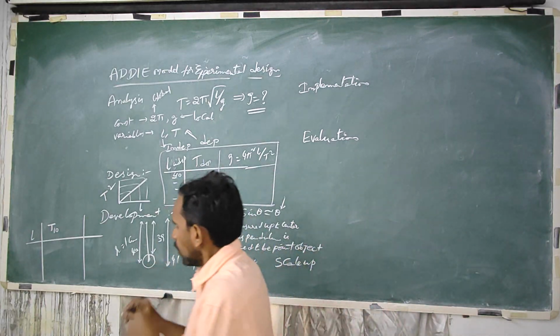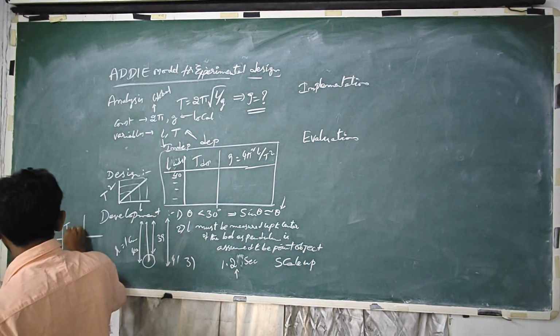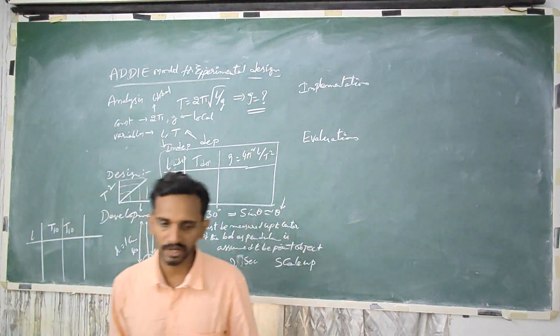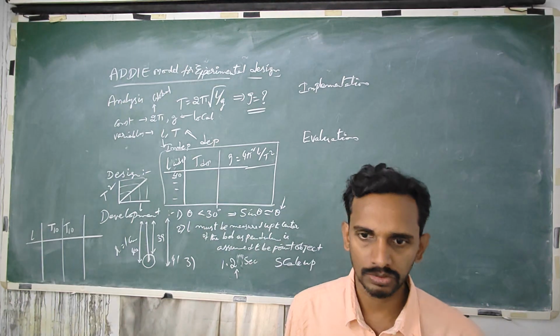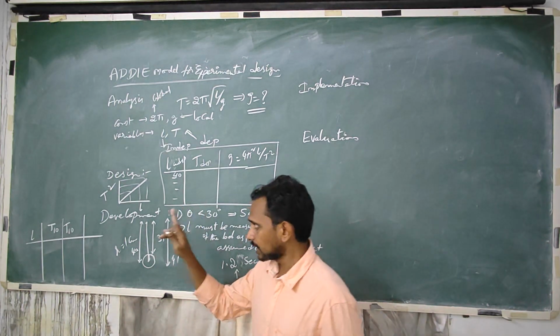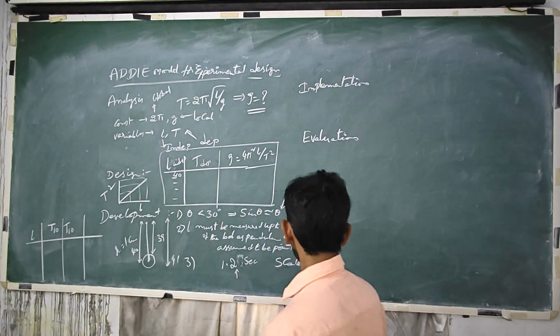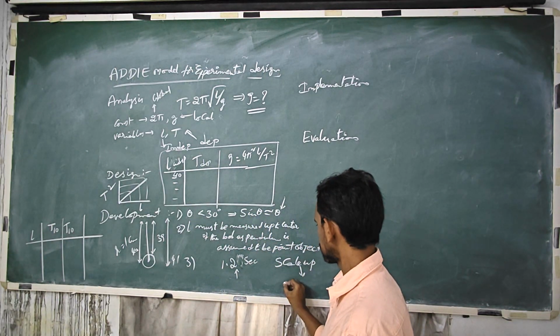So I'm repeating it 10 times to acquire the required accuracy by overcoming the least count of the measuring device. So scaling up is to overcome the least count discrepancies.